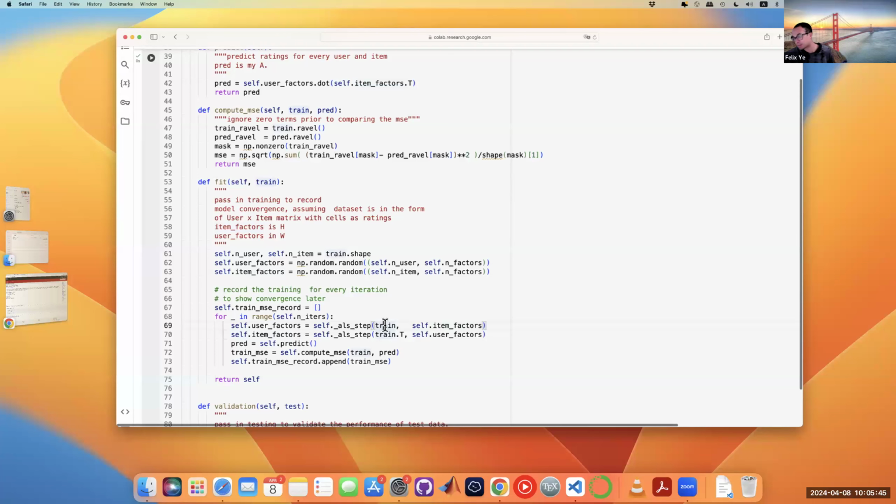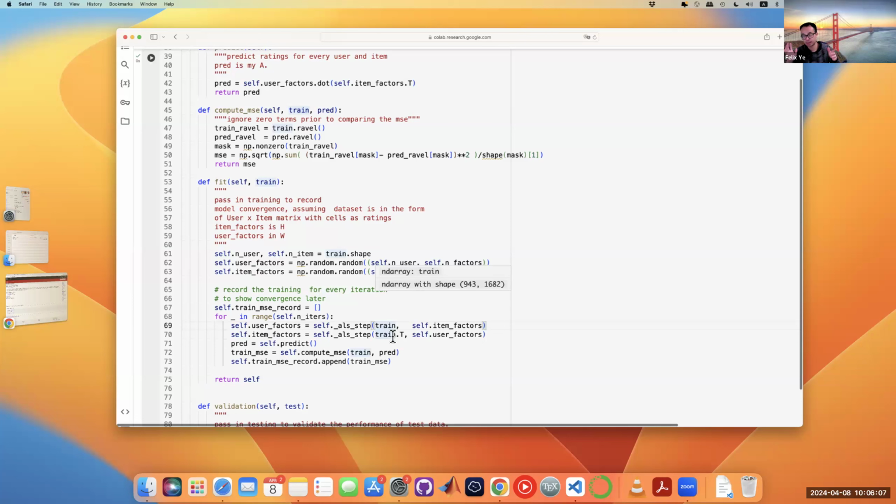So you can think about everything being flipped, right? Our A, which is our training matrix, is equal to W dot H transpose. If we take the transpose on both sides, this becomes A transpose equal to H dot W transpose.